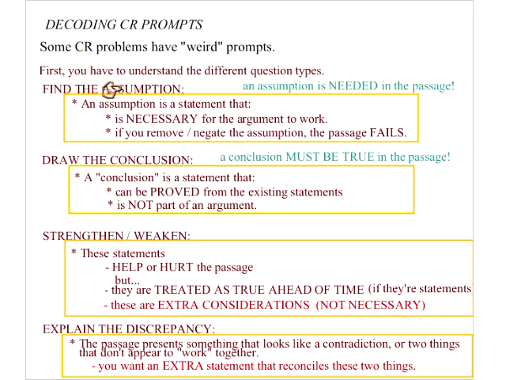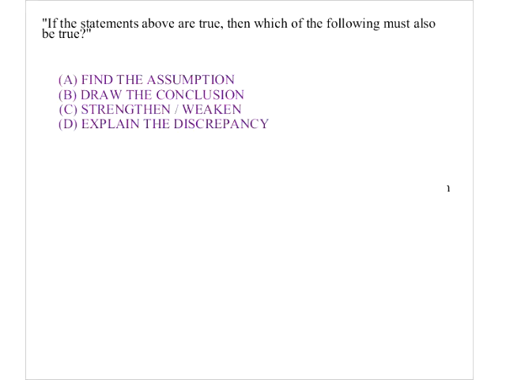Okay, so let's look at some examples. Second here. Try this one. I've given you A through D choices. I'll give you about 20 seconds to look at this. See if you can pick what this is.